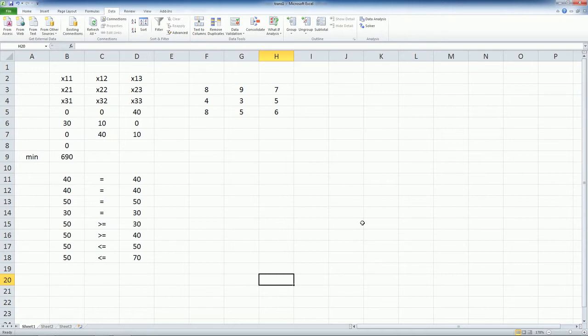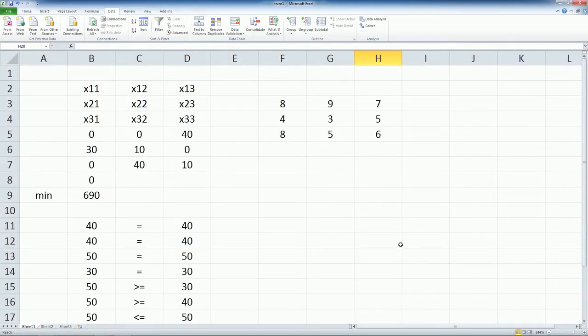So, the 3 availabilities, so once again there are 9 variables x11, x12, x13 to x33. So, there are 9 variables which are written here. I have given some arbitrary values 0, 0, 40 and so on. The objective function coefficients are written here. The objective function value is written here. So, this is your Cij, Xij.